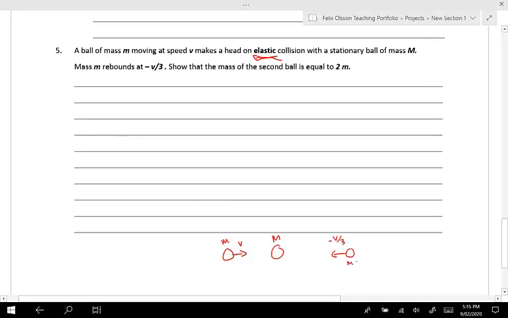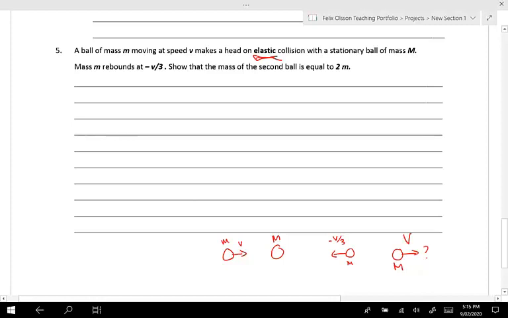Then we have the big ball moving off with some unknown speed, and maybe we can just call this big V.